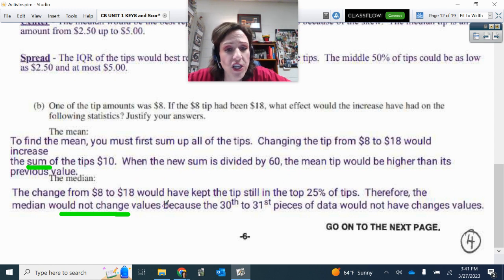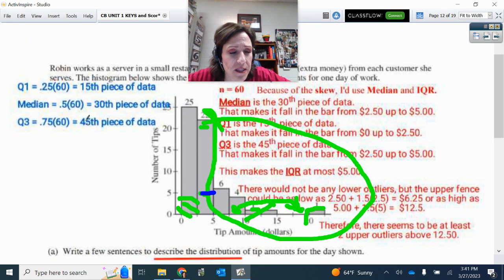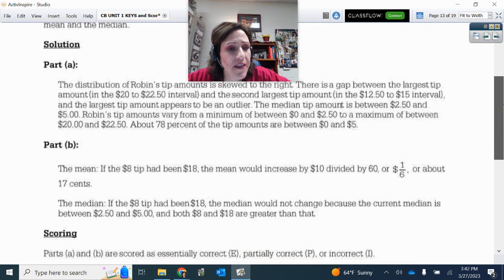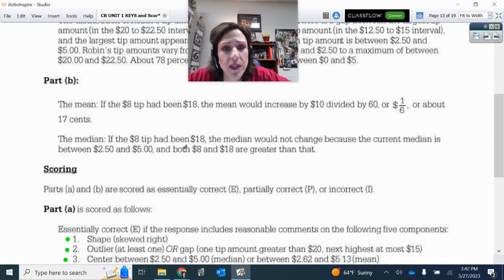Therefore, the median would not change because the 30th to 31st piece of data would not have changed values. The 30th piece of data is still there in the middle, not affected by this top piece of data changing. All right, so let's see here's how they wrote that out.